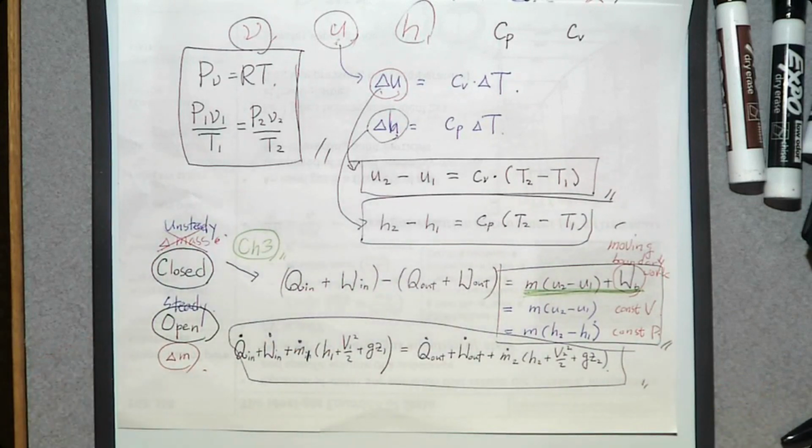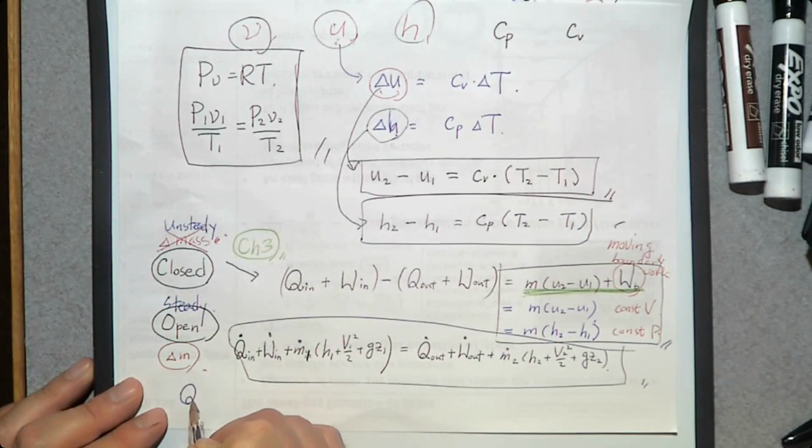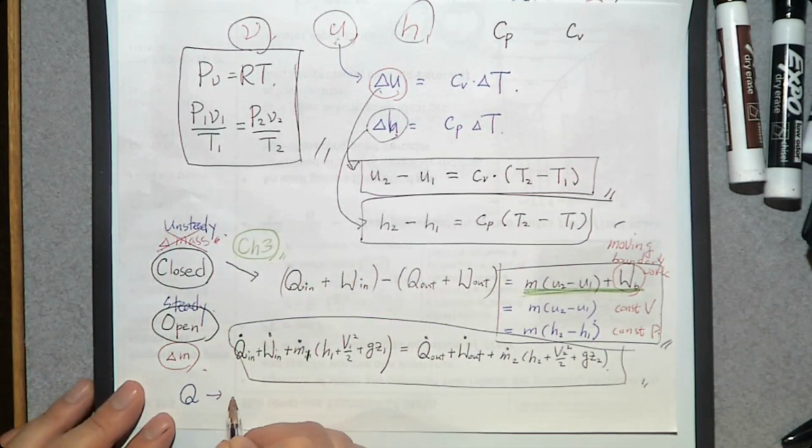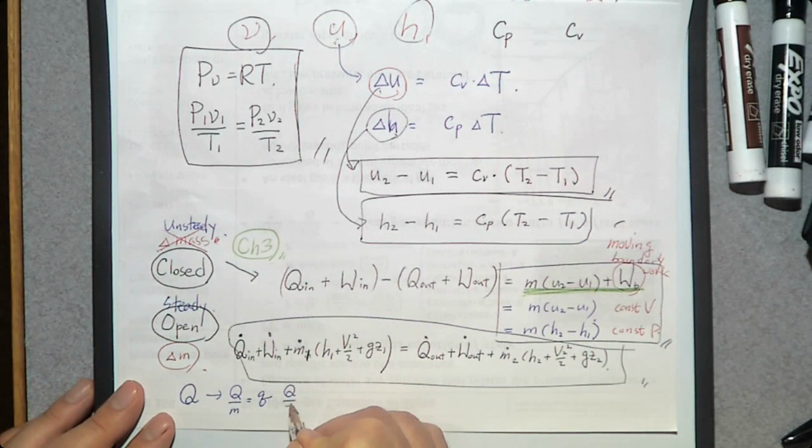You see this dot. This dot means that property is divided by time. If we have a property, let's say Q, and you divide by mass, it becomes a specific property, lowercase q. If you divide by time, it becomes Q dot.